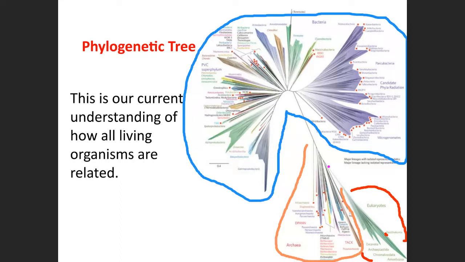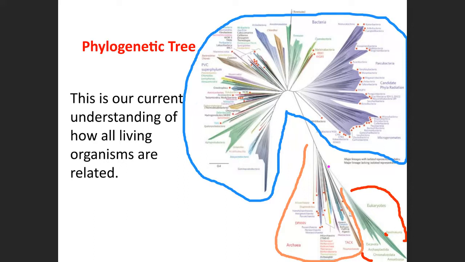Okay, phylogeny shows you how everything on the planet is related, because everything that's alive on this planet shares genes with everything else. We share genes with bacteria, right? We share genes with protozoans. We share genes with pigs, which is a very close relative to us, right?